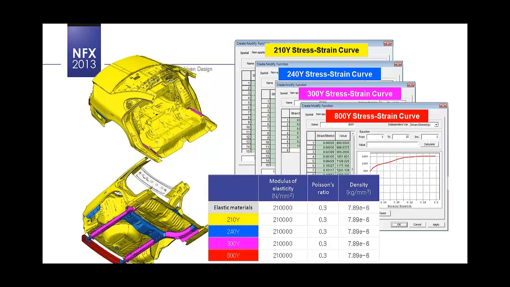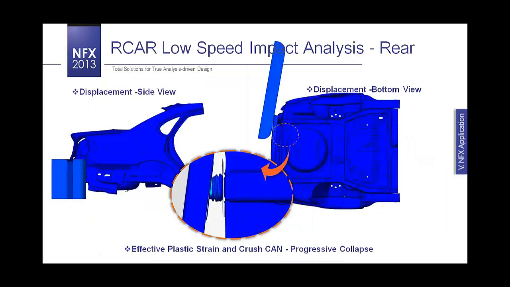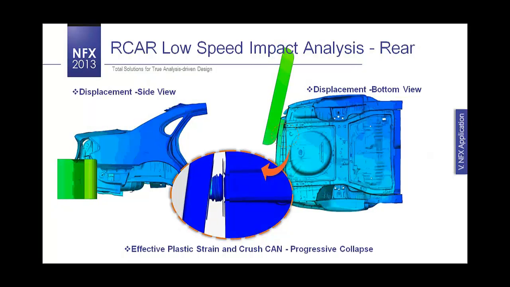Every part in this model has a different stress and strain curve, so it is possible in NFX to define different material properties and nonlinear materials for each part. You can also combine any type of hyperelastic material with elastoplastic material together. Now these are the results of this analysis.